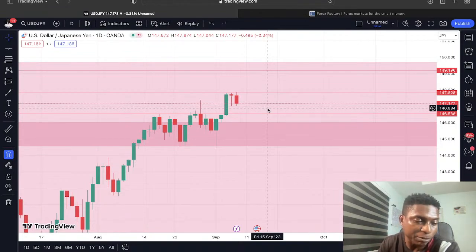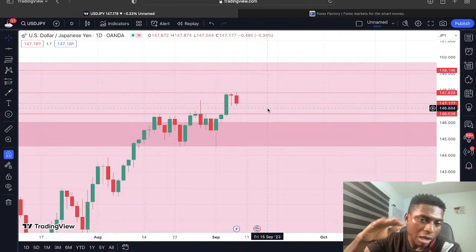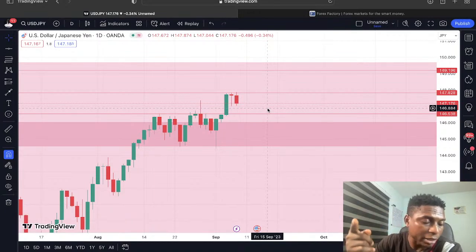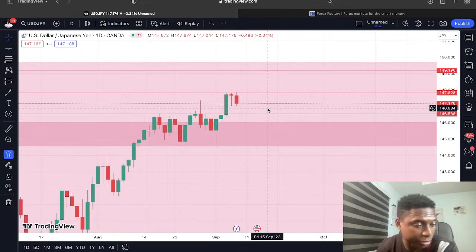So if the current market price is at 10 and you set your sell stop order at 5, you are telling the broker not to sell for you at 10 but to wait for the price to get to 5 before they sell. A sell limit is the opposite of sell stop.